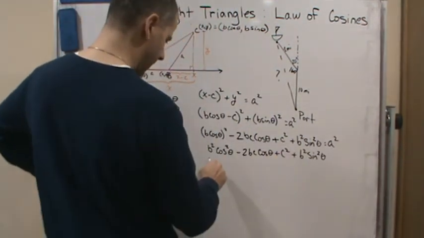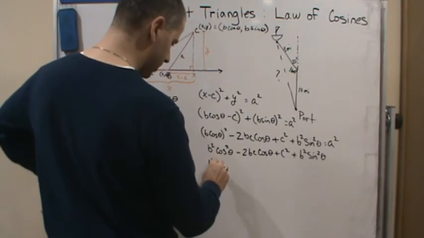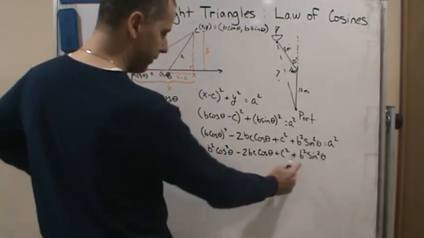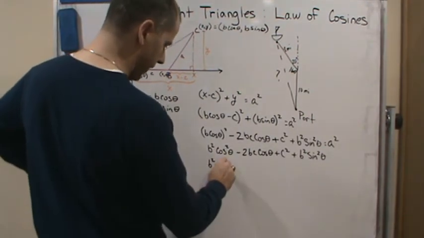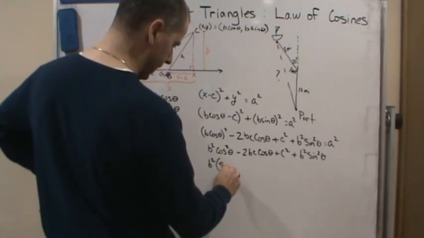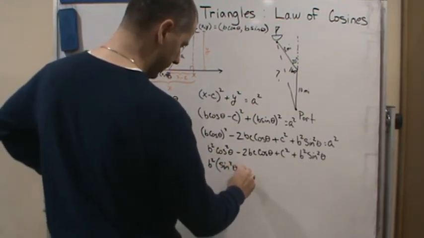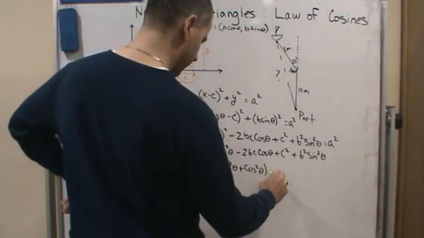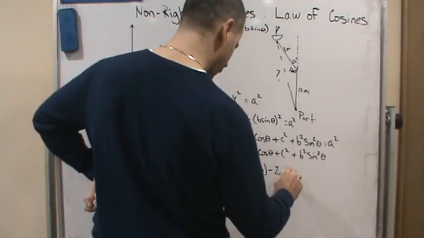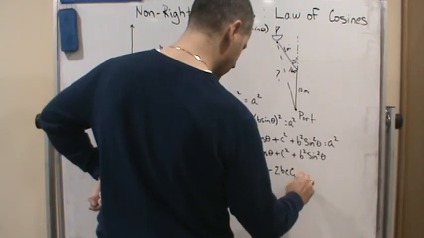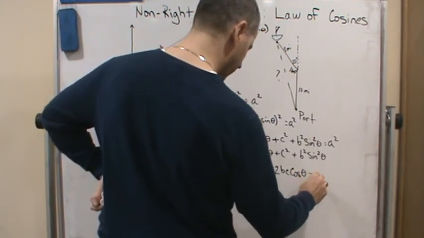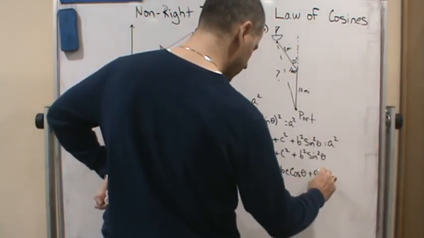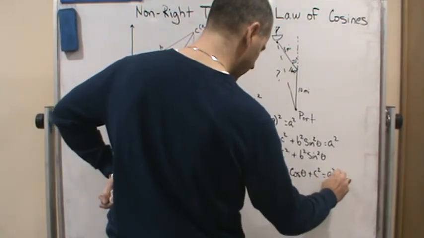They've got a common factor of b squared. So let's factor out the b squared and I get sine squared theta plus cosine squared theta, minus 2bc cosine theta plus c squared equals a squared.